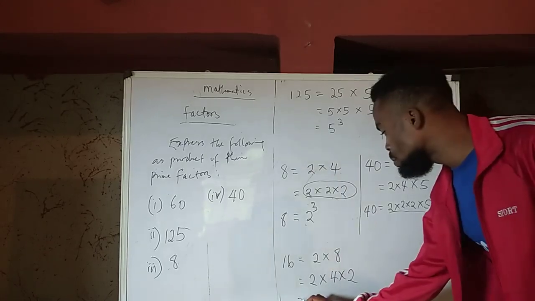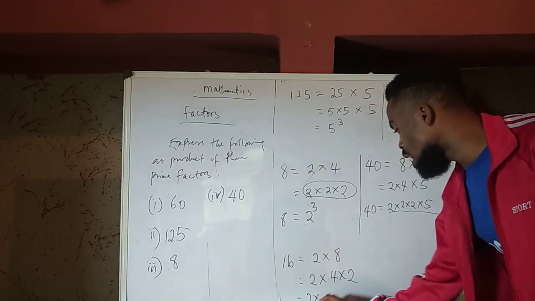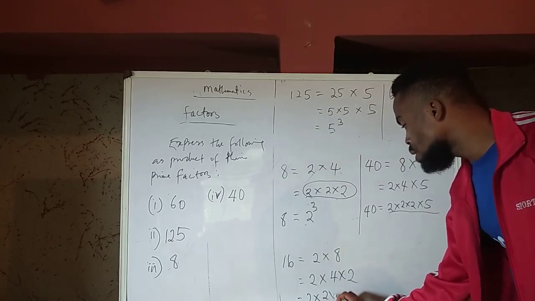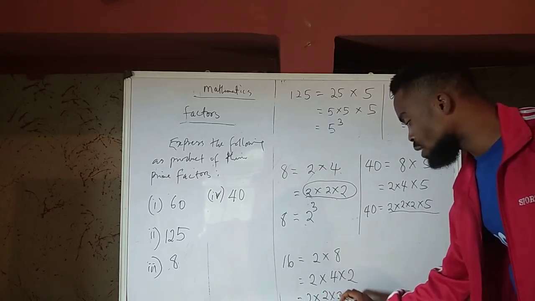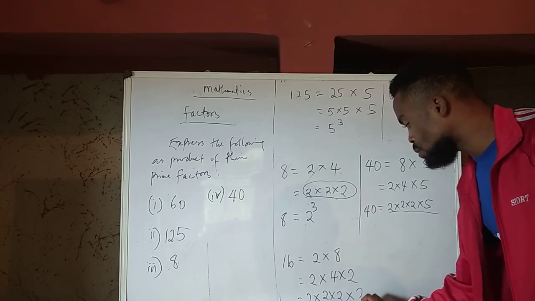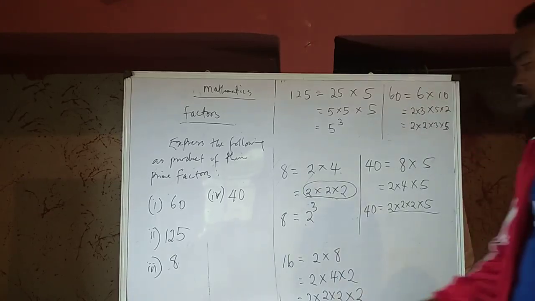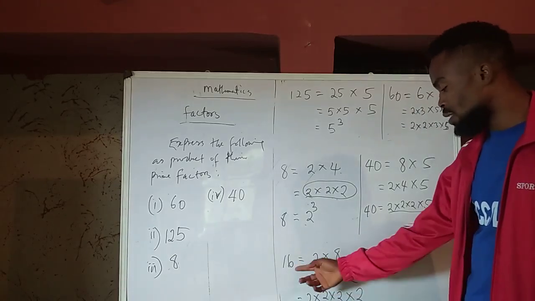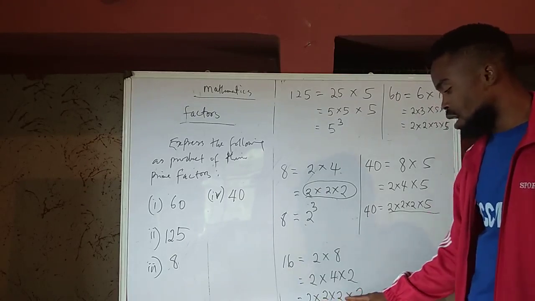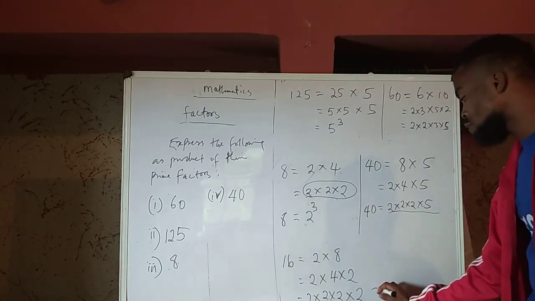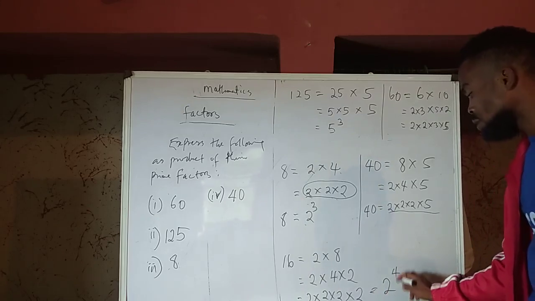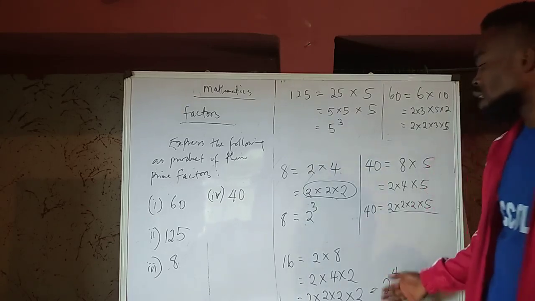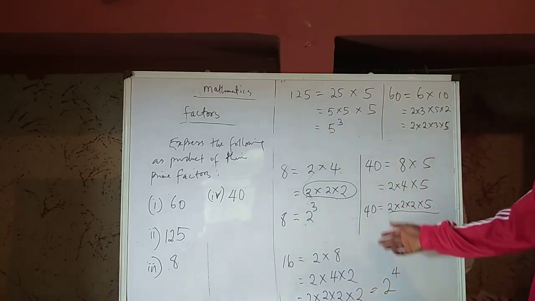Okay, and if we break this down again, 4 alone is 2 times 2, then times 2 here. So you see what we have. We have that 16 is 2 times 2 times 2 times 2, which can be written as 2 raised to the power of 4.